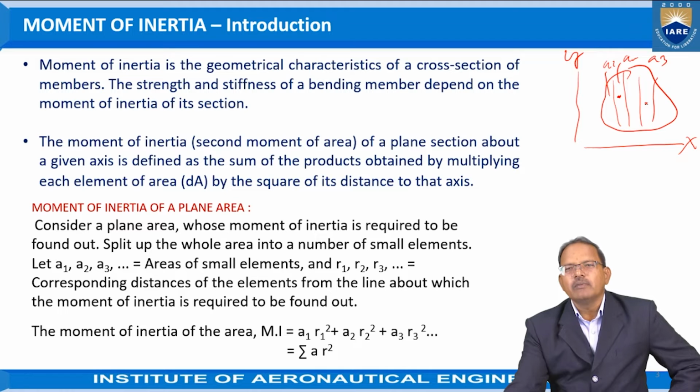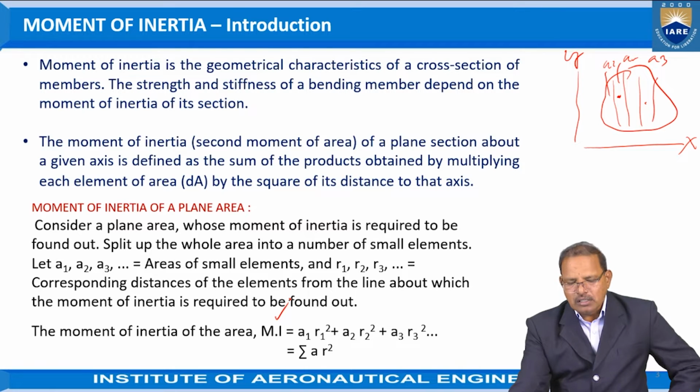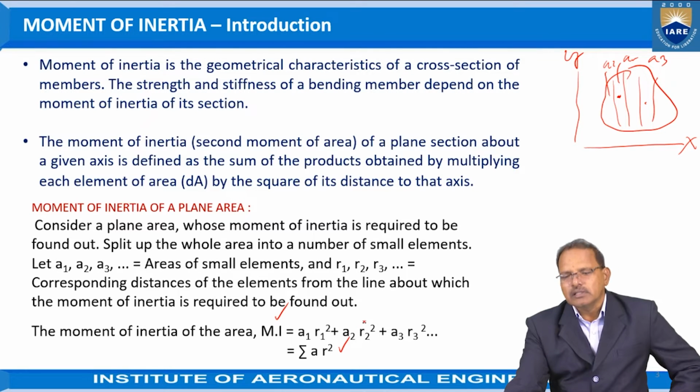That means the moment of inertia of the whole section, if it is represented by MI, is equal to the sum of the moments of inertia of all the elements about the same axis: A1 R1 square plus A2 R2 square plus A3 R3 square. Simply it can be written as sigma of A R square, where R represents the distance of the center of gravity of that area from the reference axis, that is, here we have taken the y-axis.